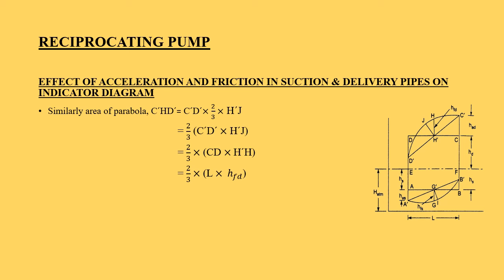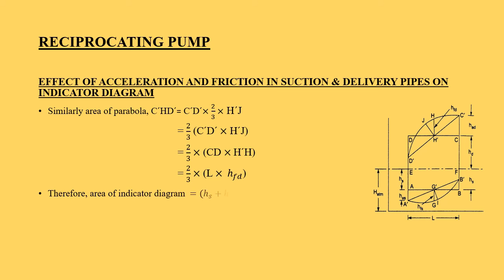Also, this equation can be written as 2/3 into L into HFD, where L is the length of stroke, and from the figure CD is equal to L and H dash H is equal to HFD.